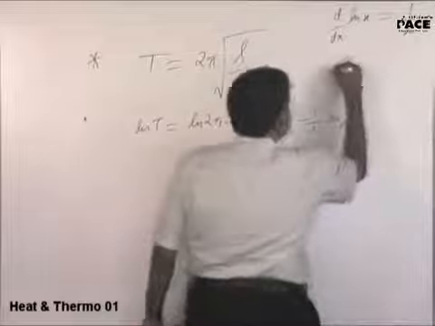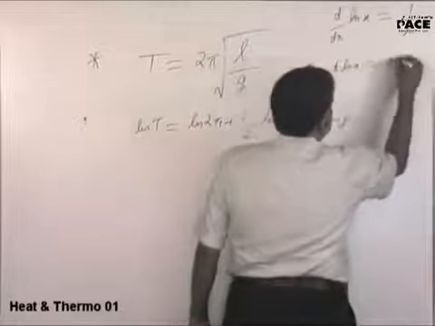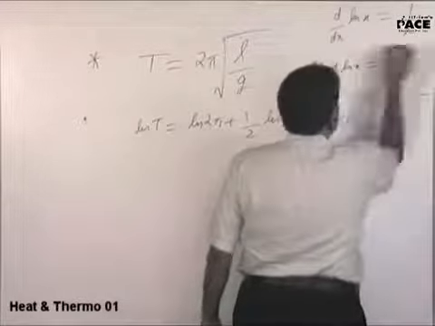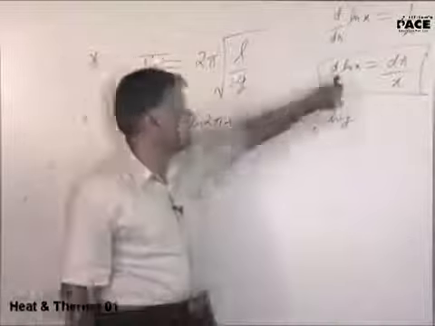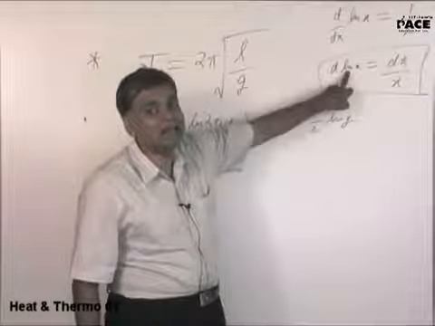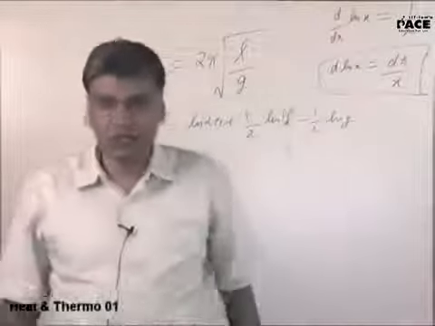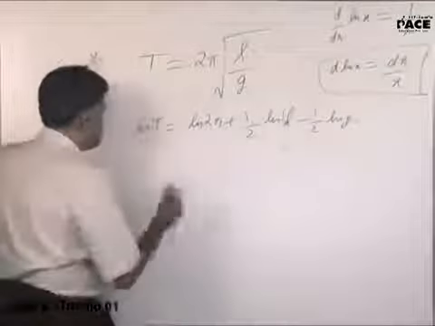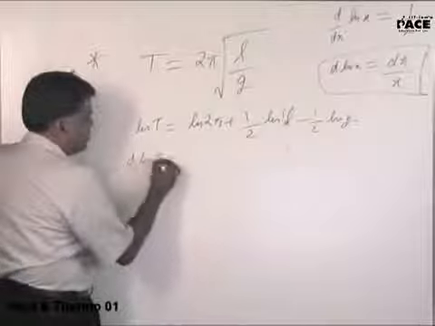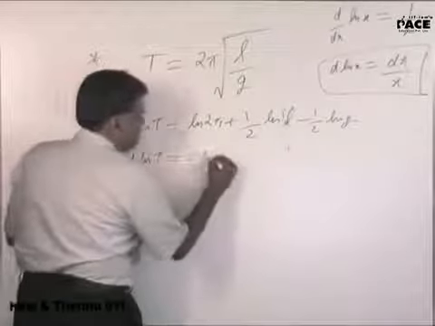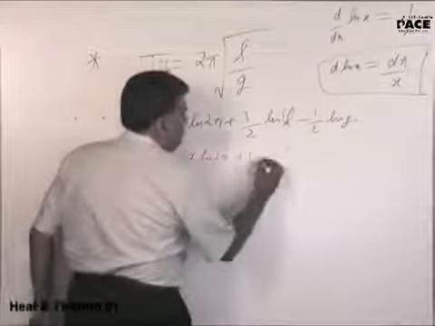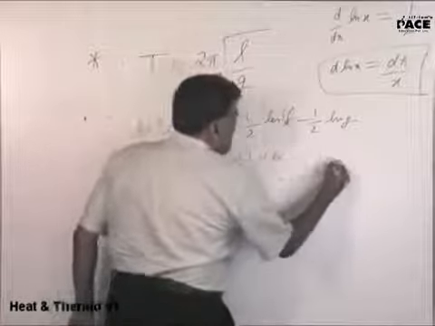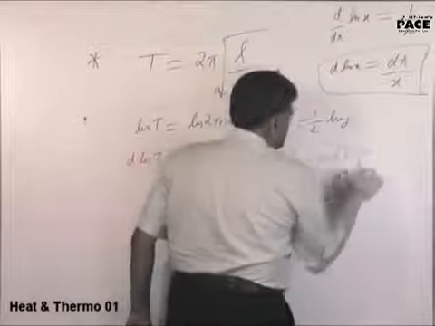Rather we write it like this: d log x is dx by x. This is the natural log to the base e, ln, I am writing. You are used to that symbol, right? So I take a differential throughout. d log t equals d log 2 pi plus half d log L minus half d log g.